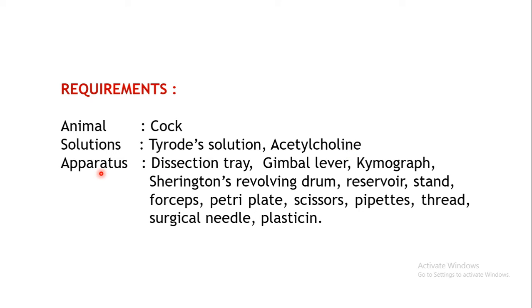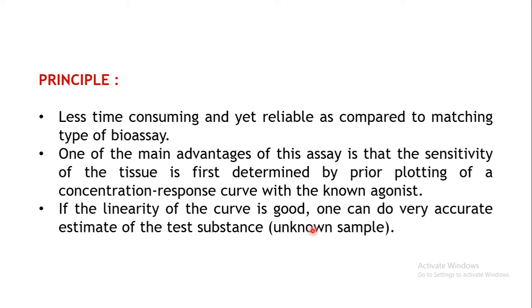Next, the apparatus required are dissection tray, gimbal lever, kymograph, Sherrington's revolving drum, reservoir to keep the physiological salt solution, the stands to hold the reservoir, then the forceps, petri dish, scissors, pipettes, thread, surgical needle and plasticine.